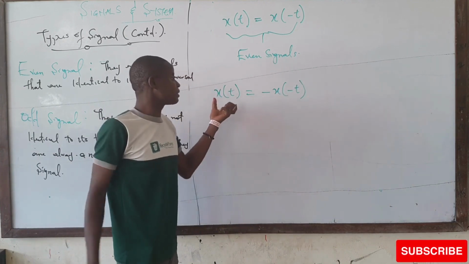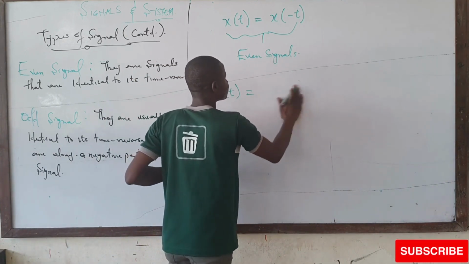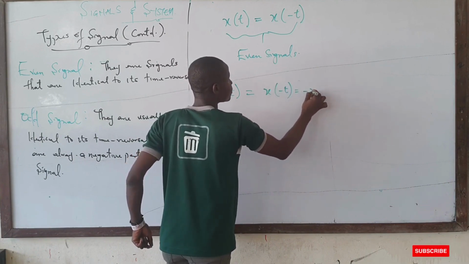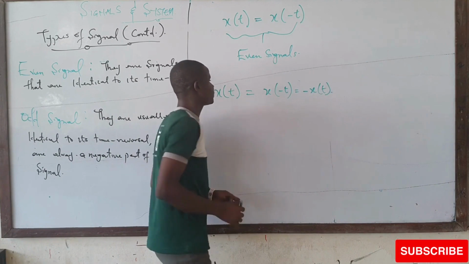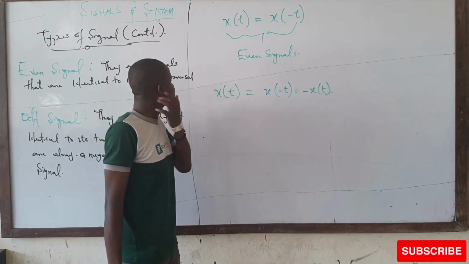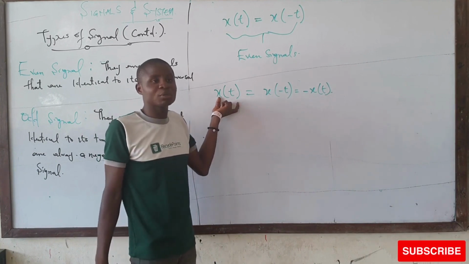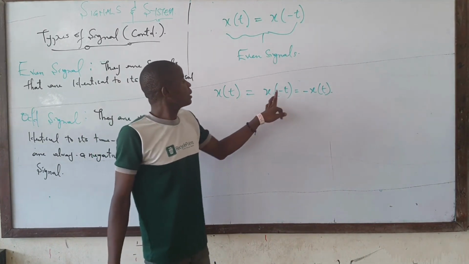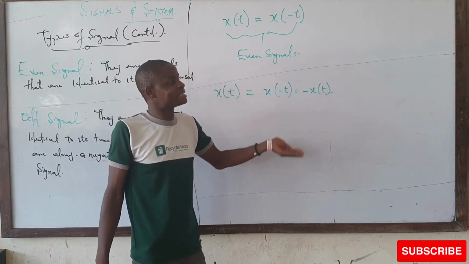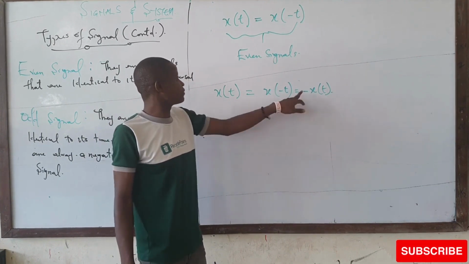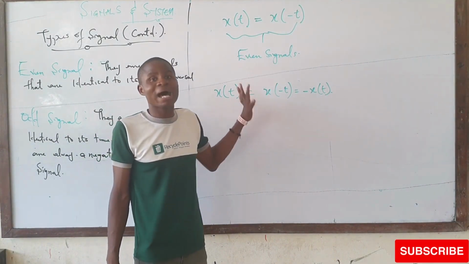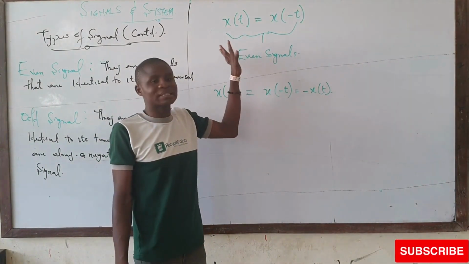That is, x of minus t is equal to minus x of t. So in an odd signal, if you take a time reversal of the original signal x of t, what you end up getting is the negative amplitude, the opposite of the amplitude of your original signal. That's what you have as your odd signal.